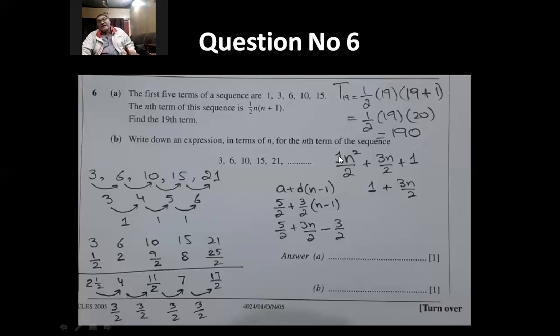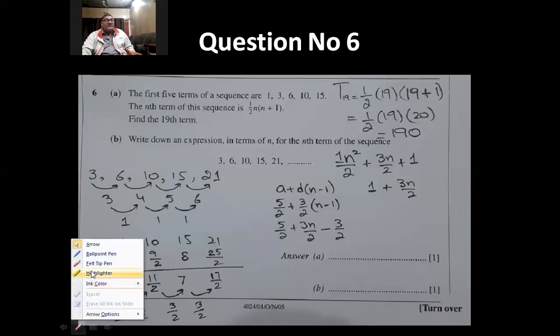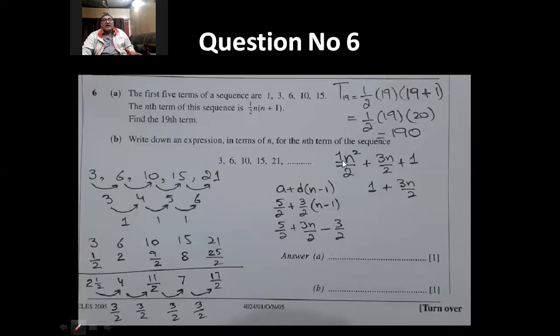You can see here in my rough work, I have noted down 1 by 2 into n squared. Then I will write the original sequence again: 3, 6, 10, 15, 21. I will take only this term and put 1, 2, 3, 4, 5 in the place of n.